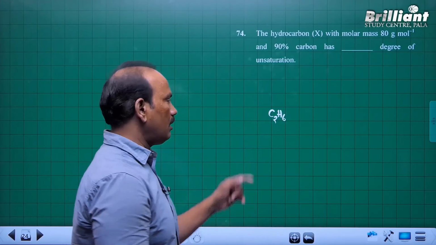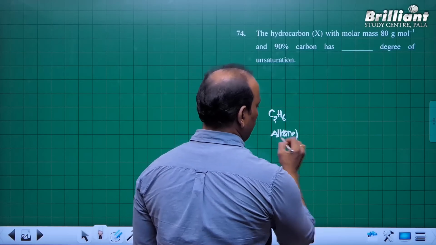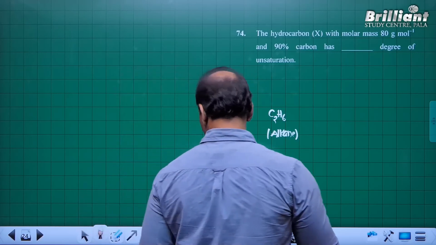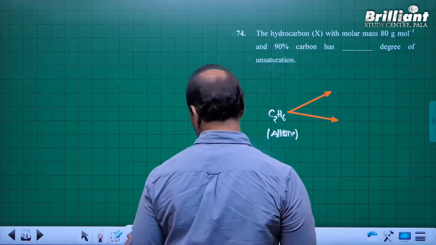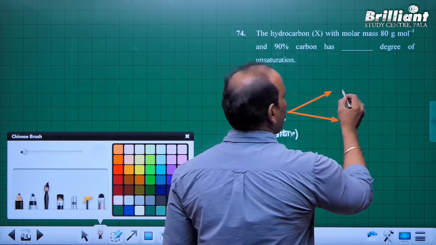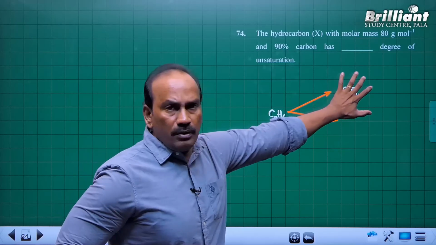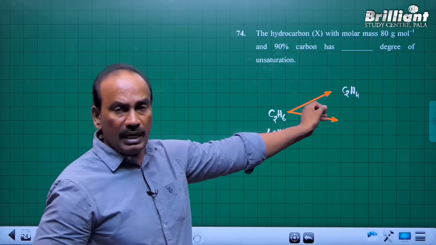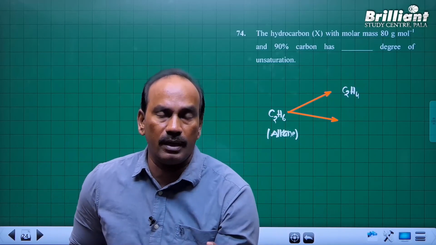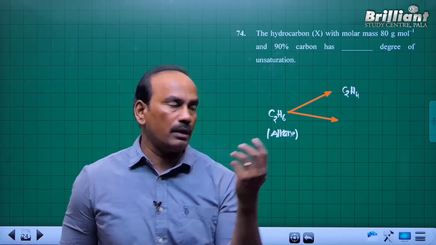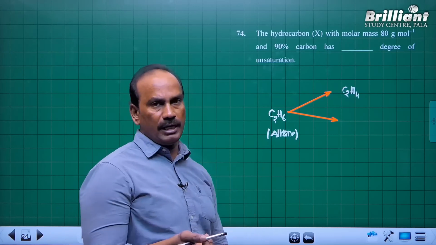C2H6, ethane, is a saturated compound, an alkane. Clear? Then C2H4 is taken. The given compound is compared with the relative alkane; how many hydrogens are less, divided by 2, is called the degree of unsaturation.